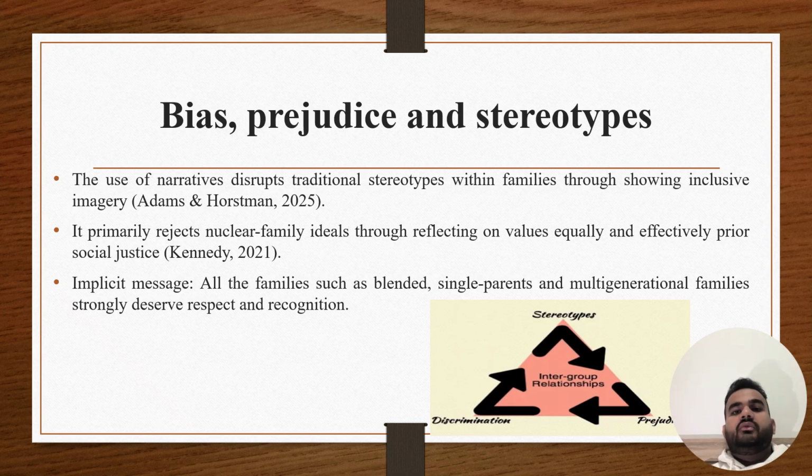In its specific visual depiction of diverse family configurations, the family book reflects on and challenges heteronormative and monocultural biases, which are common in children's media. The use of affirming language such as "some families look different from others" strongly encourages empathy and acceptance.